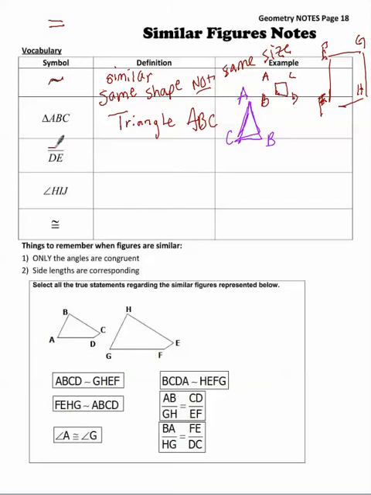So this line that's above the DE represents line segment, which is a line or side that connects D and E.